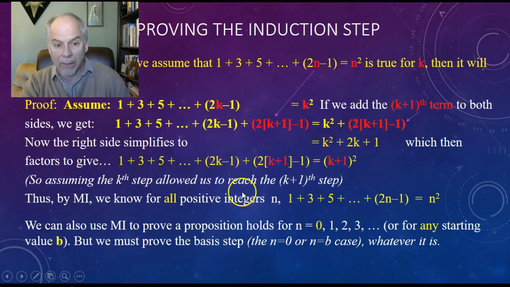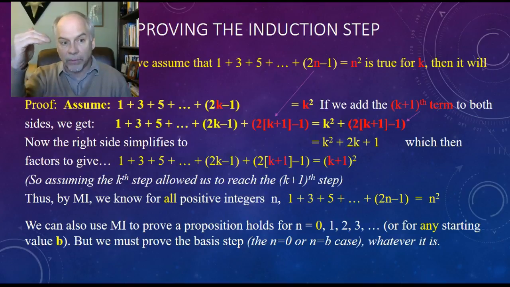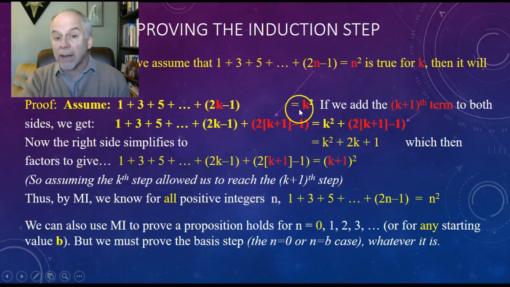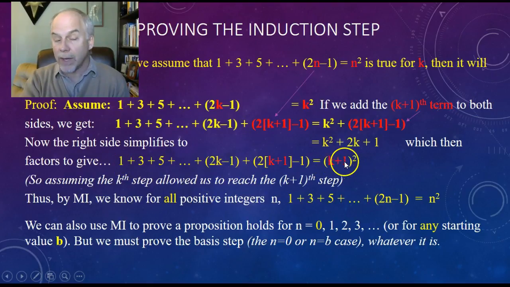Now, why did we want that? Well, that is the k plus 1th step. So what did we do? We started with the assumption that it works for k, which is in the first line of the proof of this step, and showed that it would then also work for the k plus 1th step.